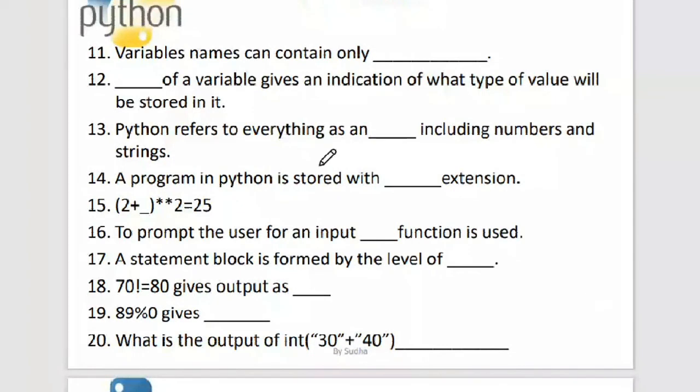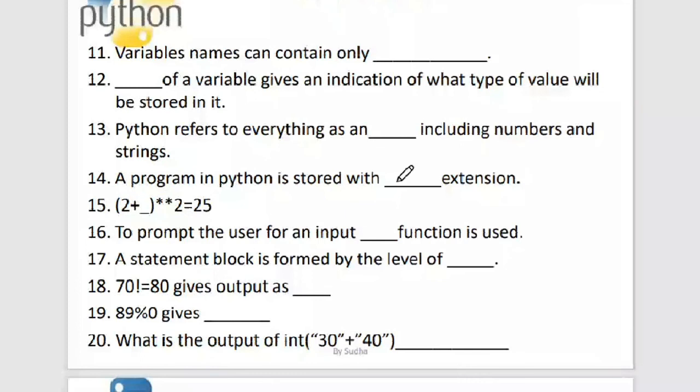Python refers to everything as a dash, including numbers and strings. Object. Very good. A program in Python is stored with the dash extension. It is .py.